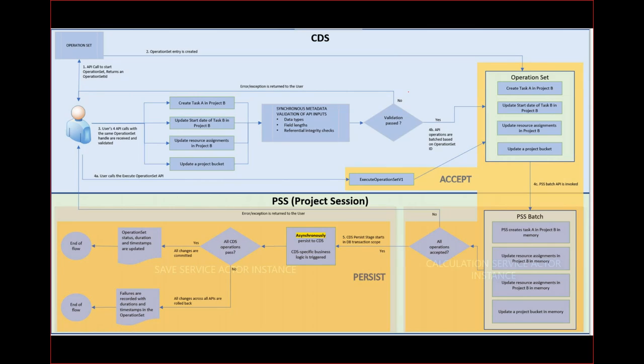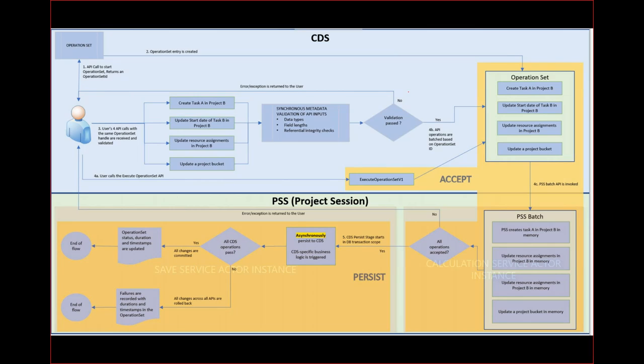Once the project service has accepted that operation set, it will just return to the caller and say, okay, I have accepted this request. But then in batch, it will start executing those requests one by one, and it will validate if there is a conflict with, for instance, other things which are already in that project or other requests that are coming in for the same project.